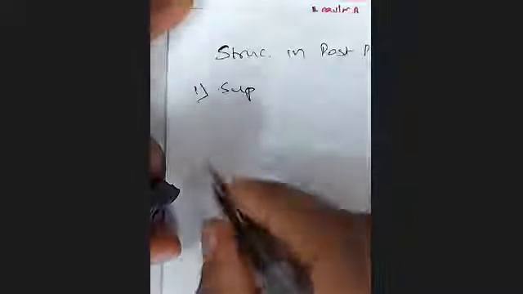The structures in the posterior part of the digastric triangle are divided into three. Superficial, we already discussed.